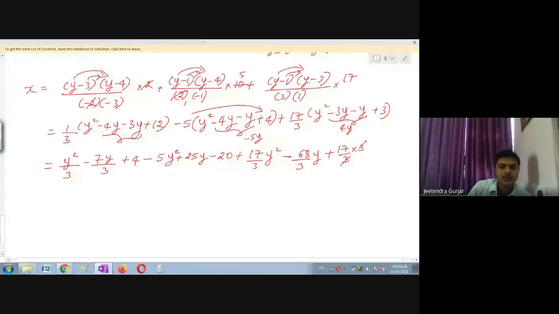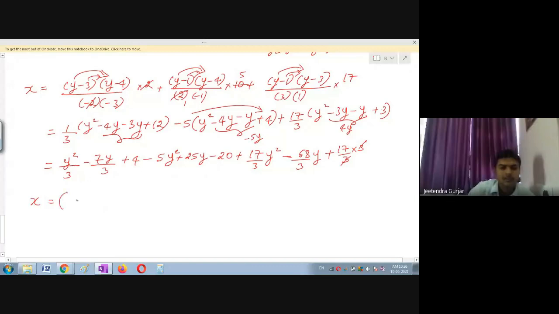Okay, now I will just take x is equal to, just combine this y square and this, please tell me what is the value. So I will just take y square outside. What all terms will I get here? This first term I will take 1 upon 3, y square is outside. This term I will take y square outside, minus 5. This term I will take y square outside, 17 upon 3.